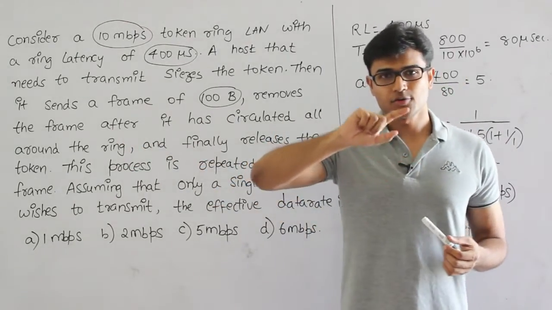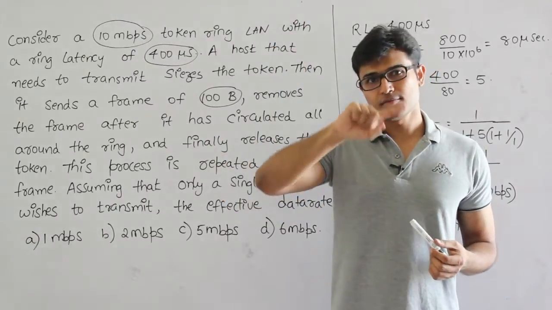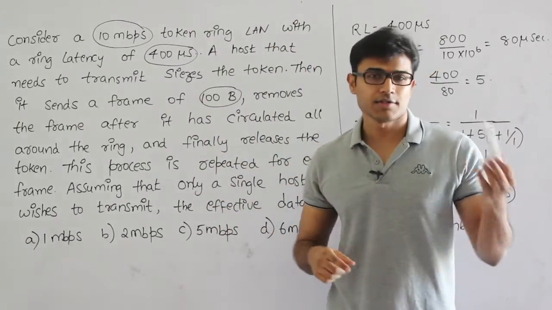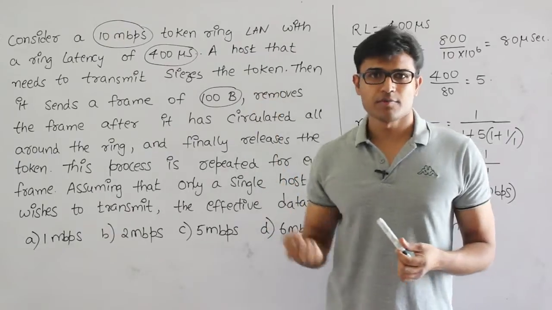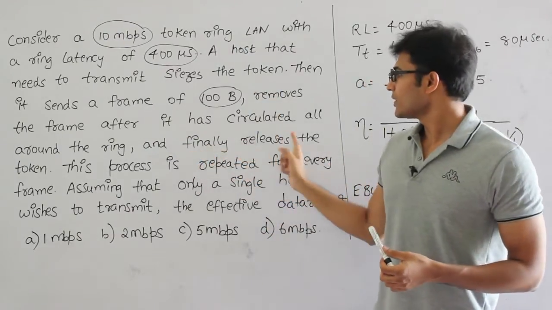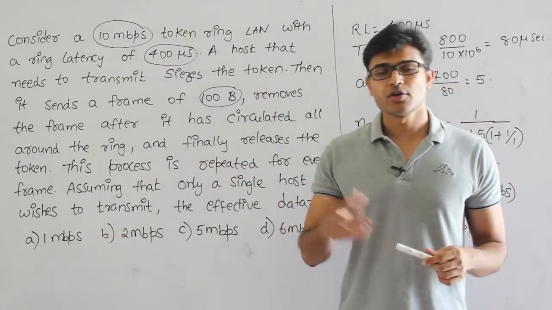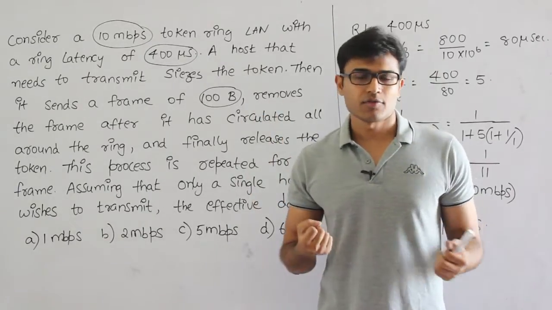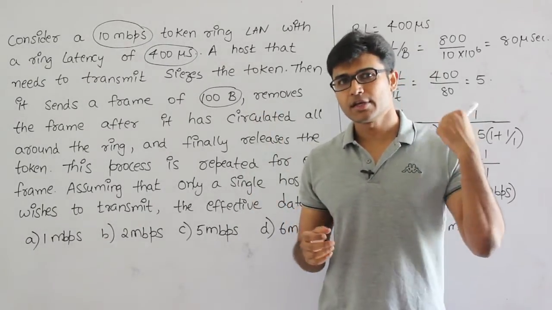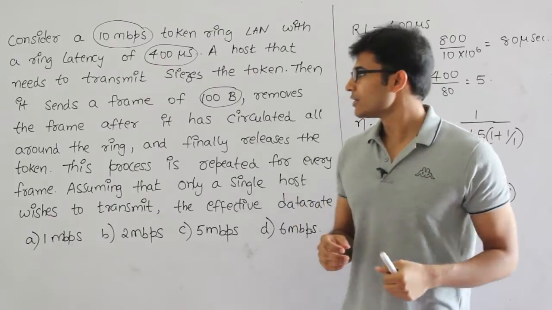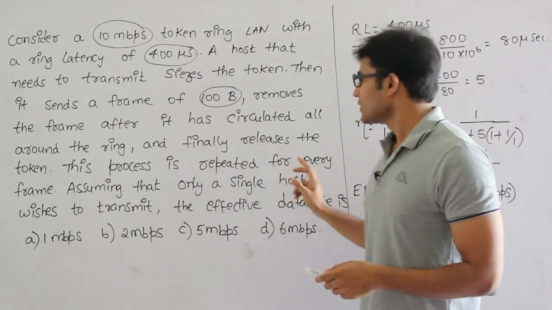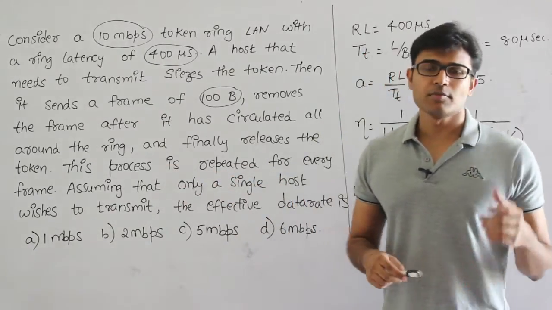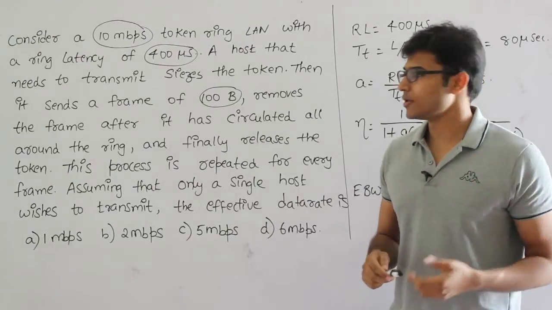Let the frame take the entire round, and once it returns, it is going to remove it from the ring and finally release the token. This process is repeated for every frame. So we are going to repeat the same process for every frame.